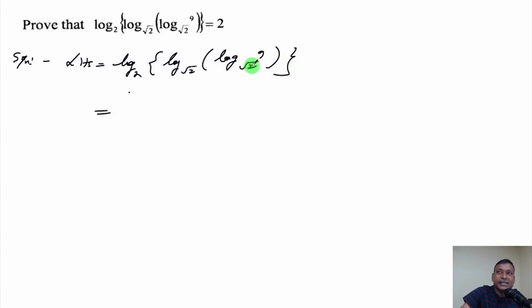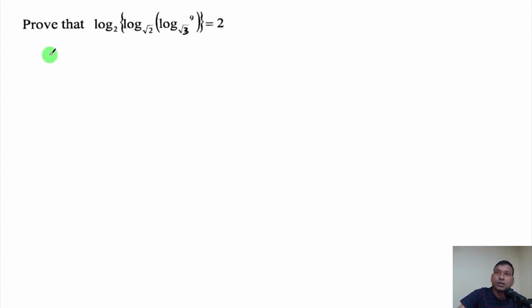So this is root 2 and here we have 9. So to prove it, we will start from the left hand side.